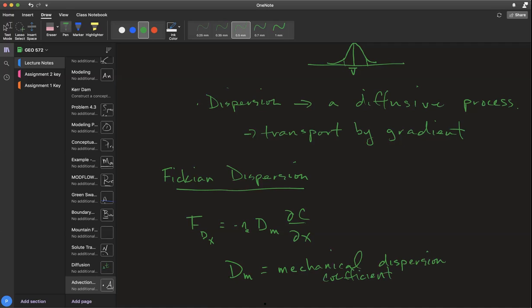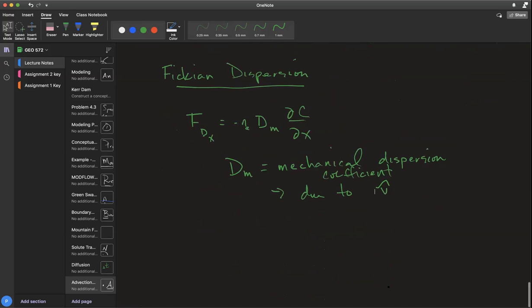All right, and this guy is due to V hat, right? Due to the random fluid velocity that we can't consider because it's beneath the scale of our REV. Right, and an important thing here is we've assumed something about this fluid velocity distribution.